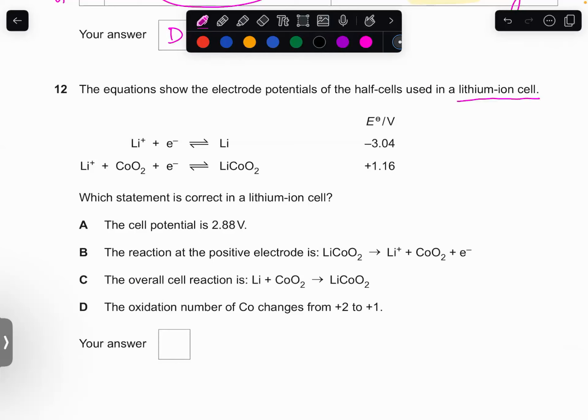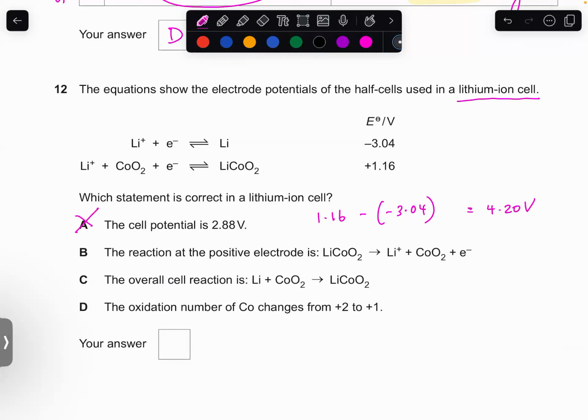The cell potential is 2.88 V. So it's always the positive minus the negative. And the answer is actually 4.20 volts. So this is wrong.